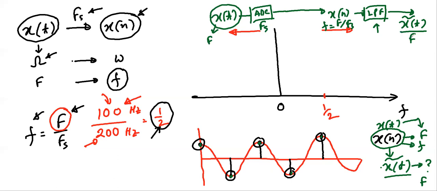In which condition do you get the same frequency? Here is the condition. In this case, f is equal to half. In that case, the analog filter will give this kind of signal. So you have those samples, and linearly you add those points, and the signal looks like this.